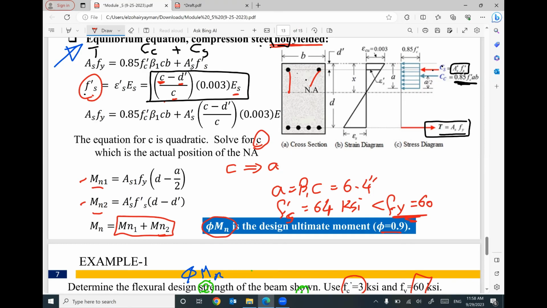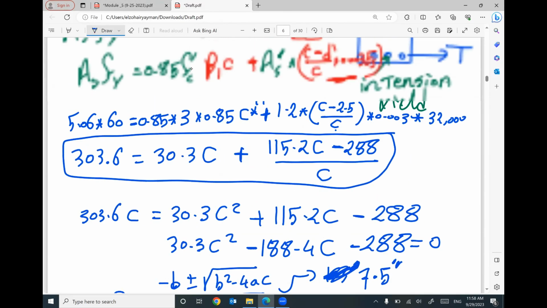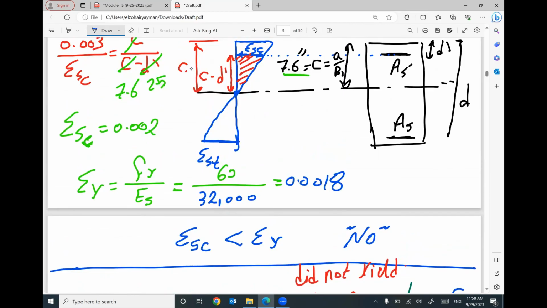No, it's 64, and 64 is greater than f yield. That means we have a mistake. Do you remember what was the mistake? Yeah, here is a mistake.